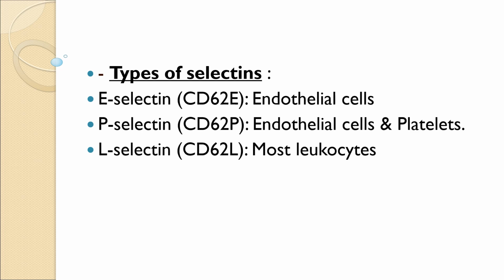We also have P-selectin, CD62P, which is present on endothelial cells and platelets. The last type of selectins is L-selectin, which is called CD62L, which is present on most of the leukocytes.